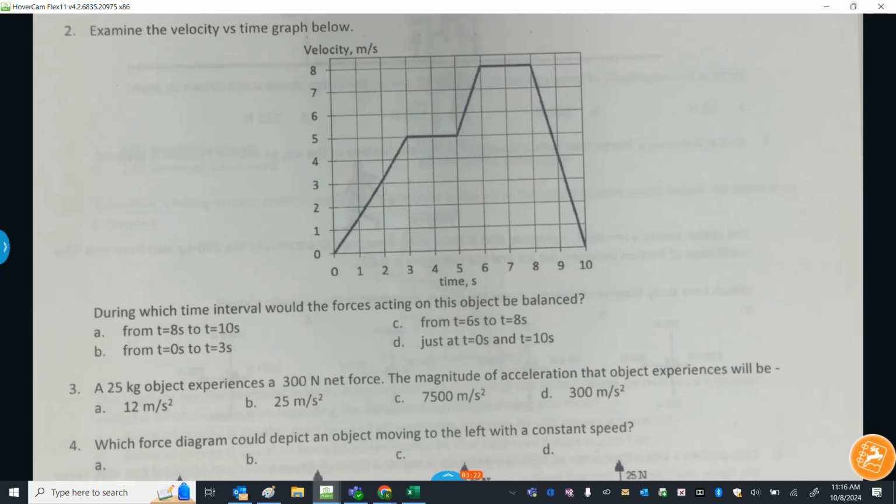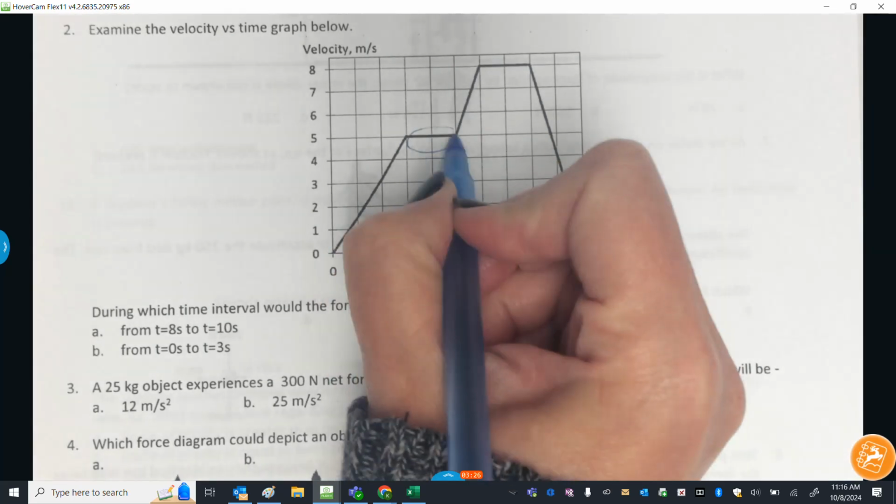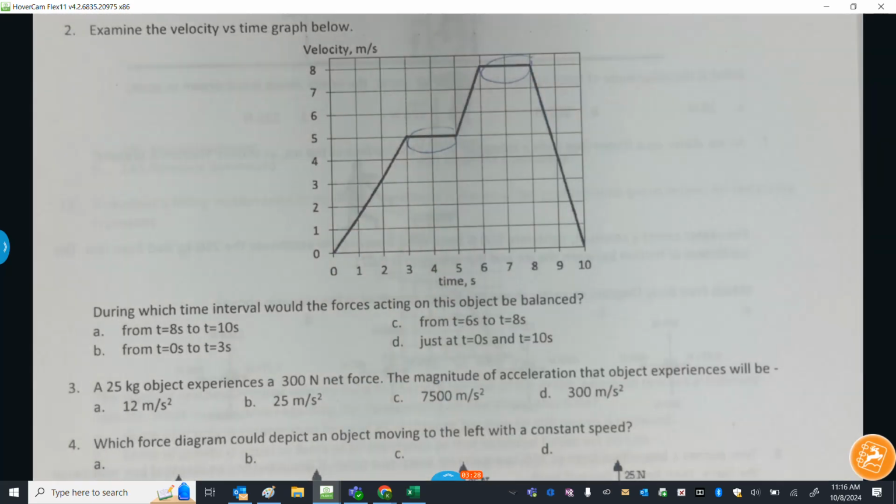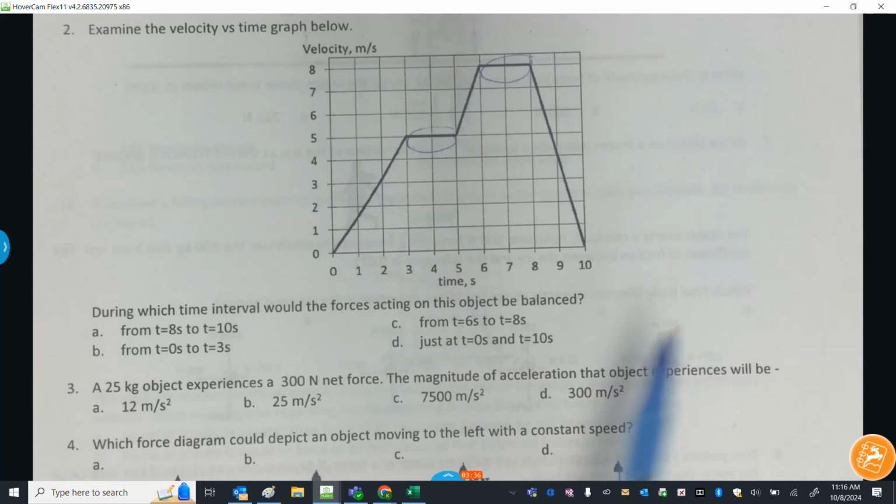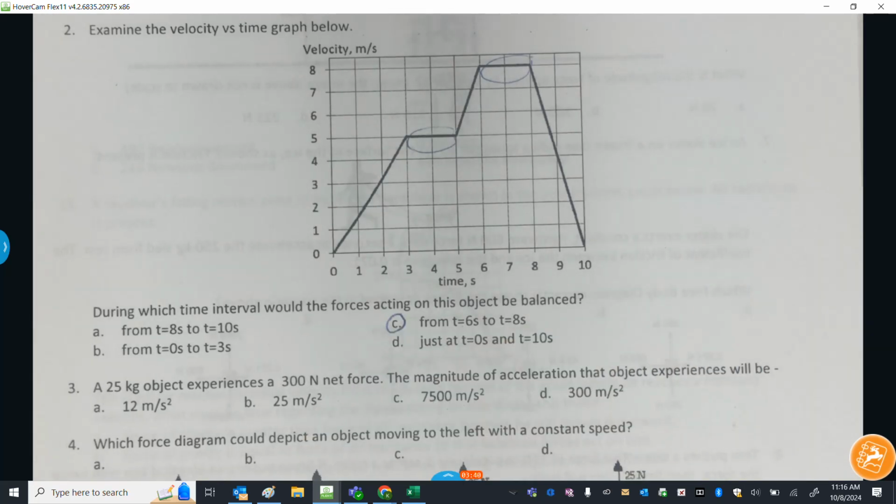The only points where we have a slope of 0 is right here and right here. Only one of those is a choice in the options below. If they were both there, you'd have to pick them both, but they're not. And so the only one that is here is answer choice C, from t equals 6 seconds to t equals 8 seconds.